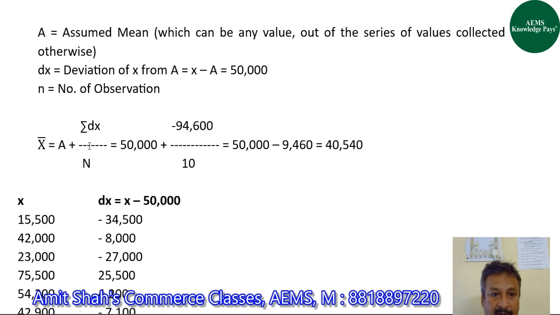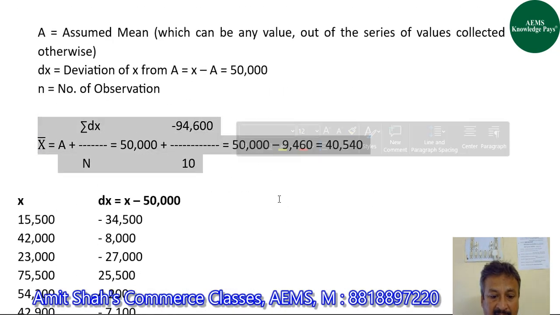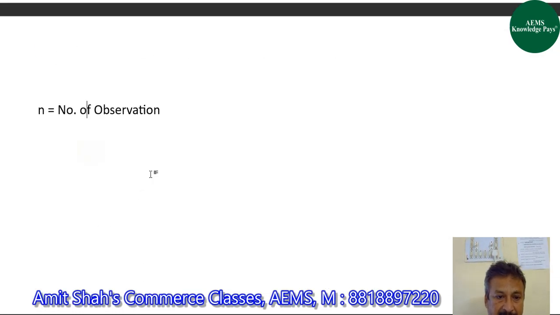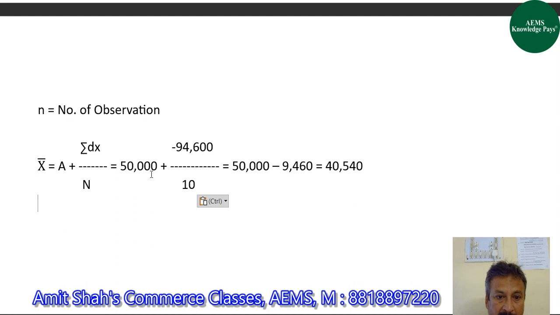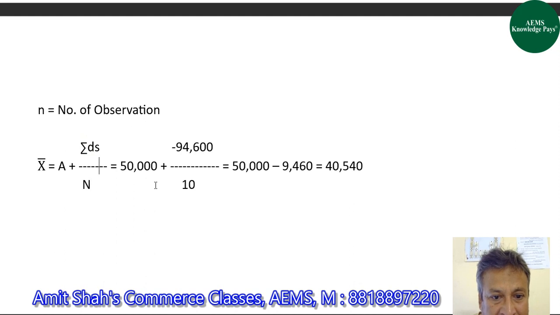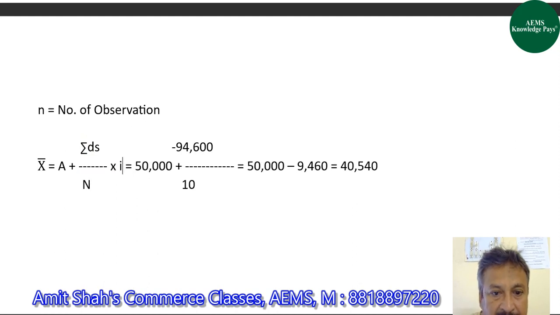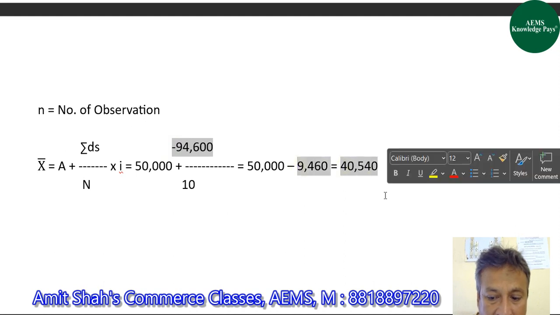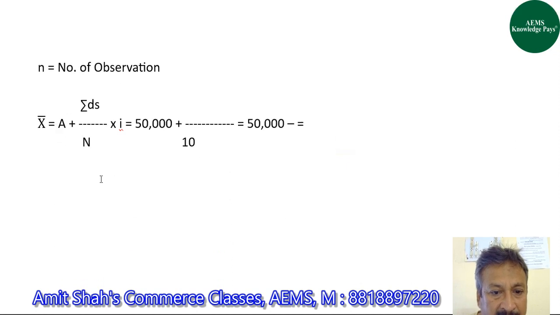And the formula of mean here becomes assumed mean plus summation ds divided by n into I. This is how we get the value of mean, right?